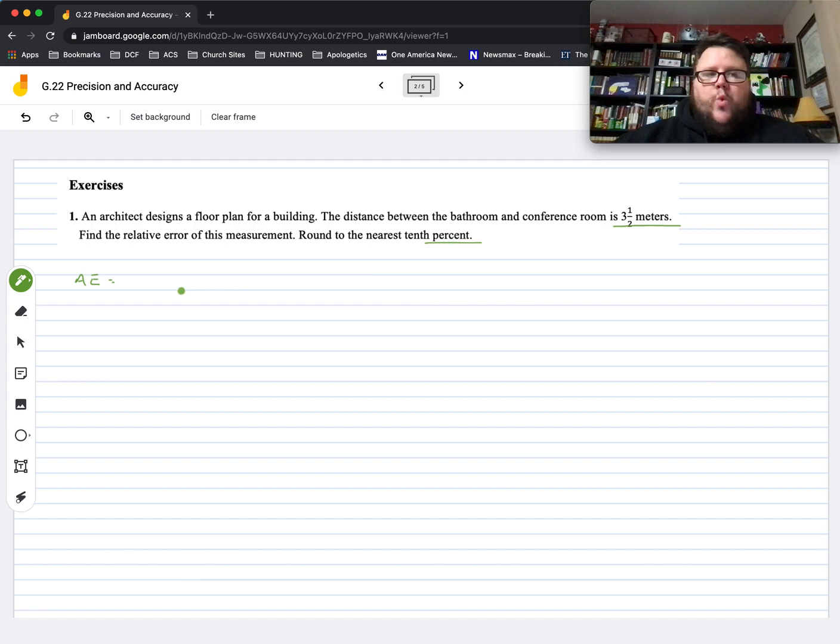Well, it's to the nearest 1/2 meter, so 1/2 meter times 1/2, because we're finding half of it, so it'd be 1/4 meter. And I'm going to put that as a decimal because it's going to be easier for us to see how this is done. So 0.25 meters. And the measurement is 3.5 meters.